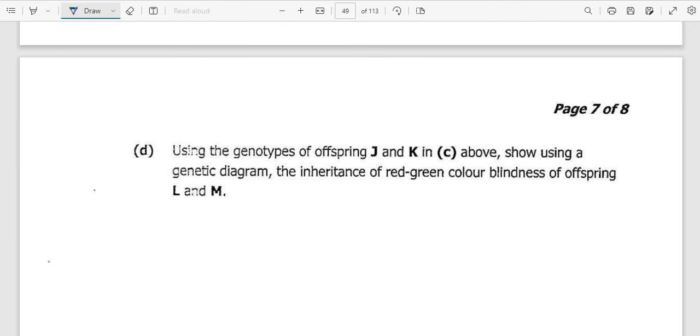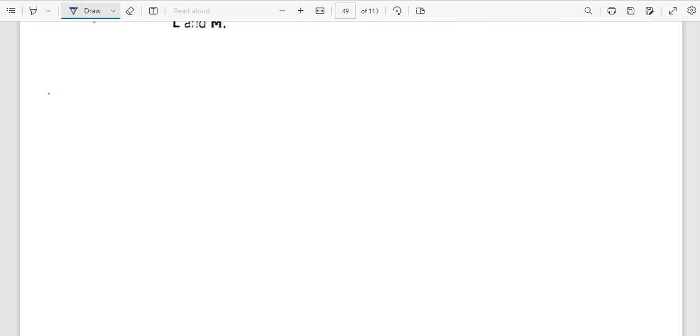Using the genotypes of offspring J and K in C above, show using a genetic diagram the inheritance of red color blindness of offspring L and M. So this one is very simple. The first thing that you have to start with is the parental phenotype.